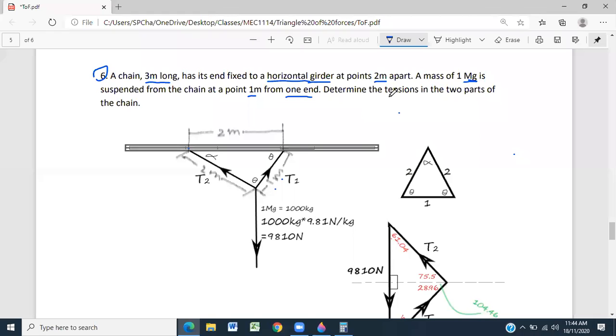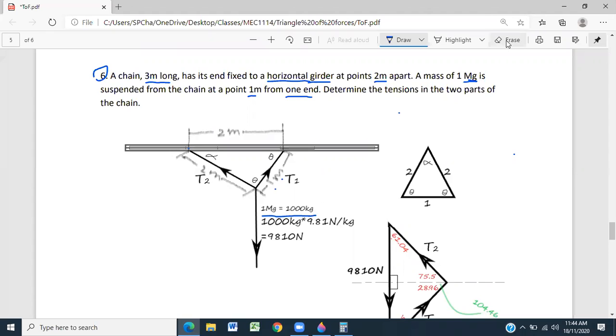And we need to determine the tensions in the 2 parts of the chain. So let's look at this diagram. What forces do we have? Well, we have the mass. 1 megagram is 1,000 kgs. You guys that are technology oriented, 1 megabyte is 1,000 kilobytes. So 1 megagram is 1,000 kilograms.